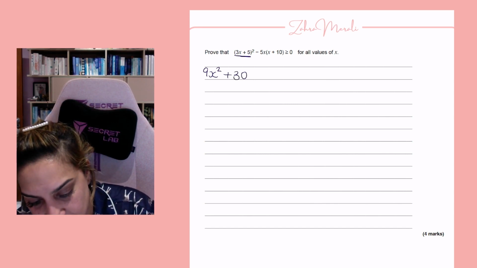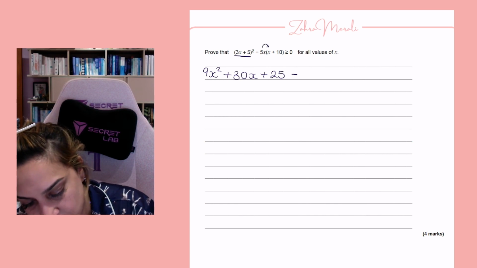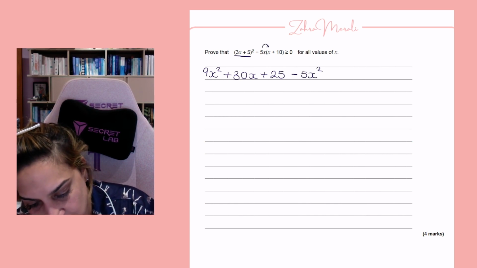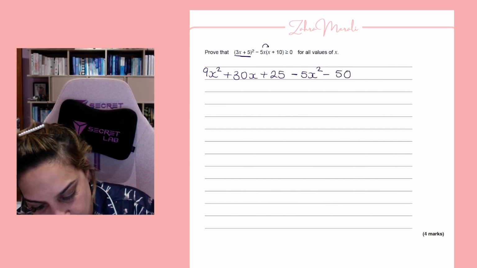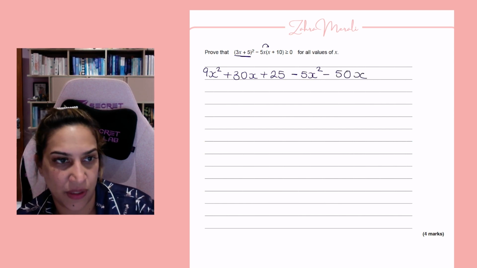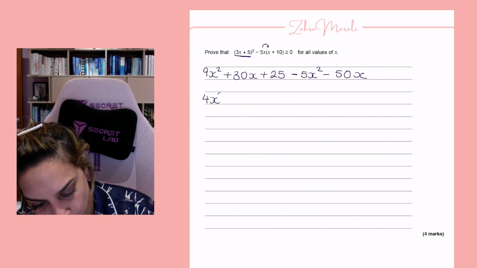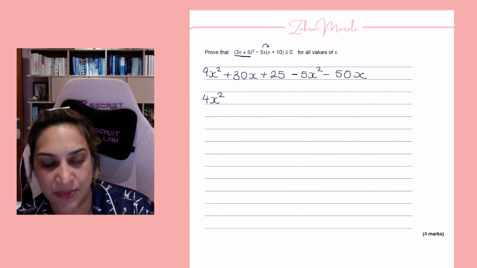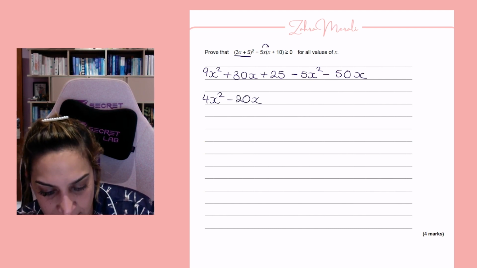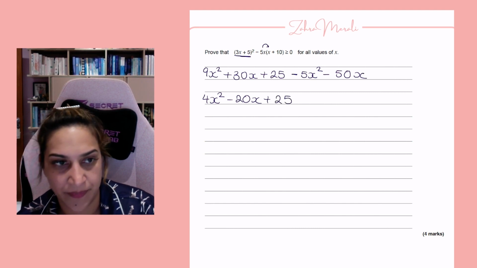I get 30x plus 25 minus these 2 multiplied, 5x squared minus 50x. Okay, and when I simplify that, I'm going to get 4x squared, 30x minus 50x, so minus 20x plus 25.